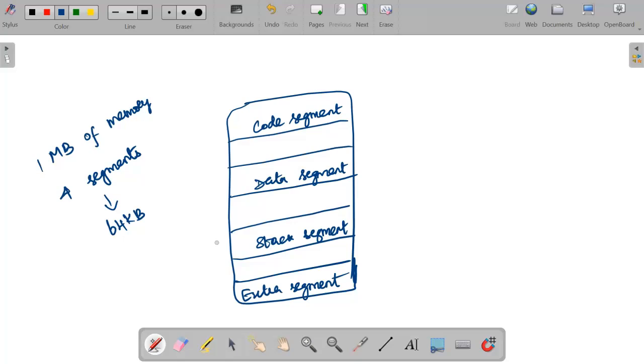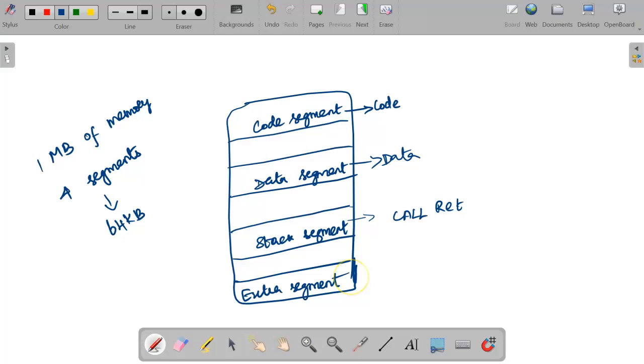The code segment is used to store the code; the program or code is stored in the code segment, and data is stored in the data segment. In the stack segment, the loop instruction and subroutine instruction related items are stored: during push and pop operations, call and return operations, the instructions related to those will be stored in the stack segment.